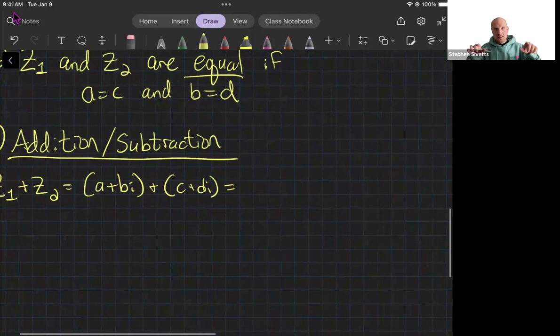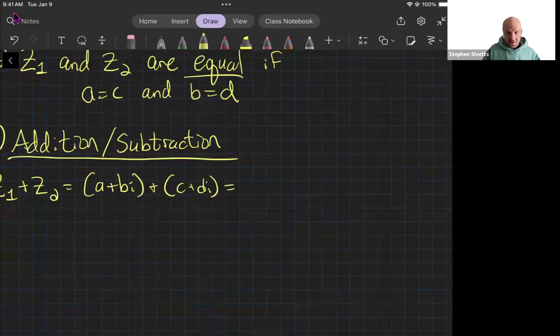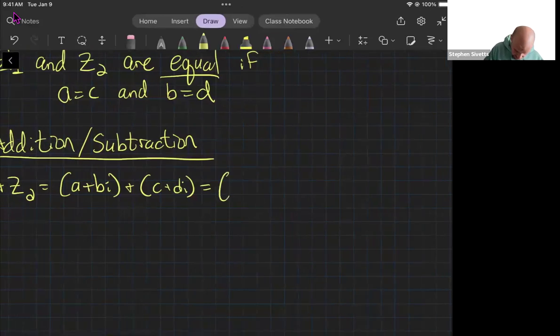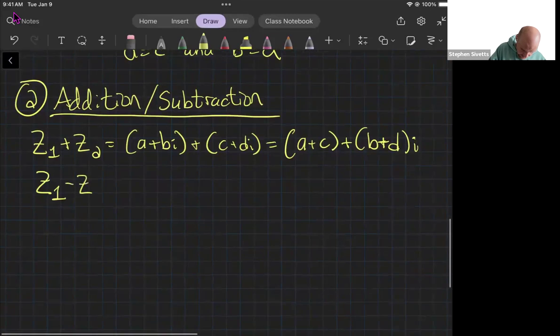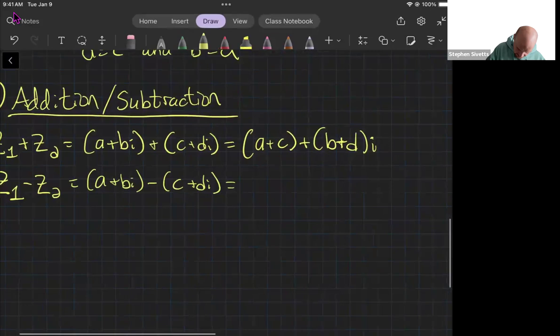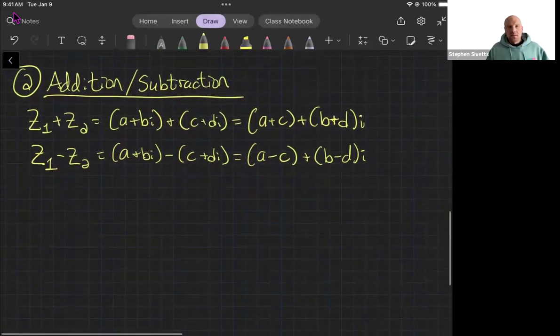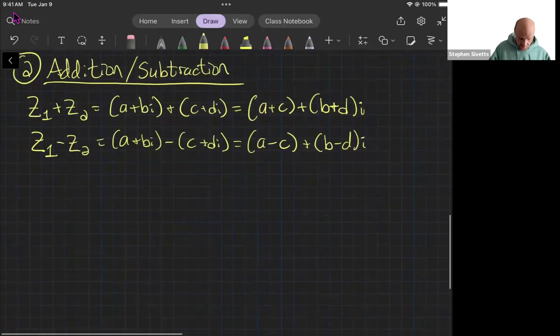Well, this equals the real components added together plus the imaginary components added together times I. So this equals (A plus C) plus (B plus D)I. Okay. And the same goes with subtraction. Z1 minus Z2, A plus BI minus C plus DI. And this will equal (A minus C) plus (B minus D) times I. Okay. So that's addition and subtraction.